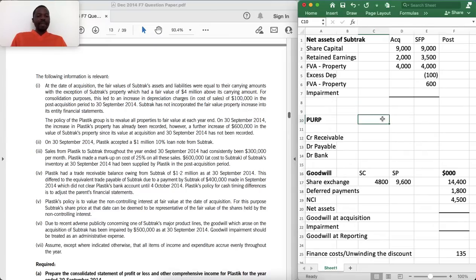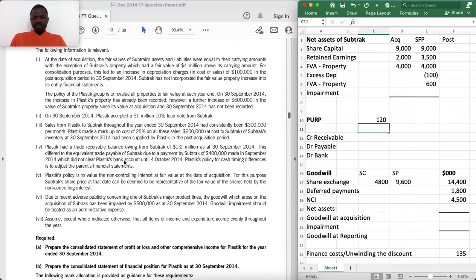So there is a PAP there. So we'll say 600 multiplied by the percentage, 25 over 125. There is a PAP of 120 that we need to reverse. We'll come back to this paragraph when we are doing the statement of profit or loss.